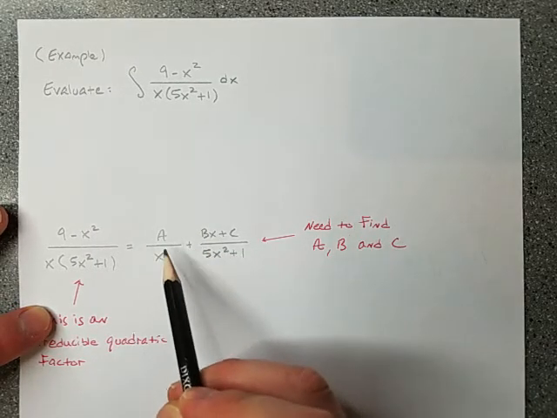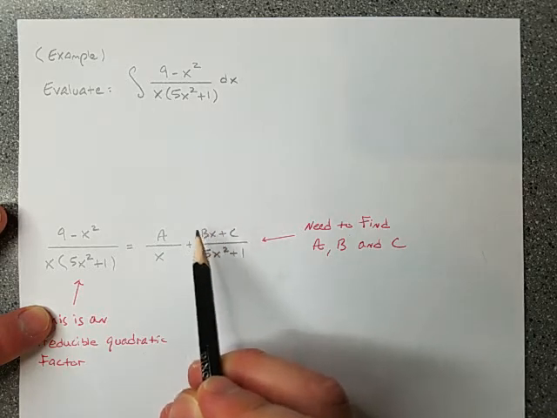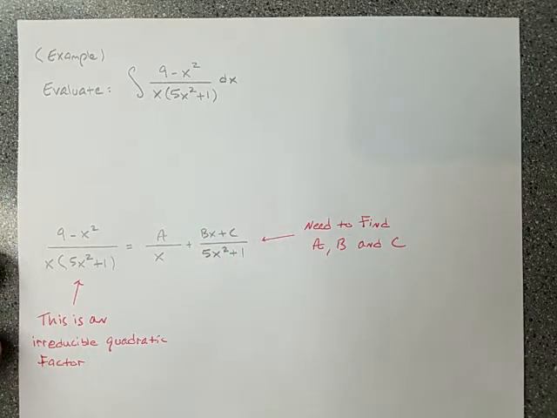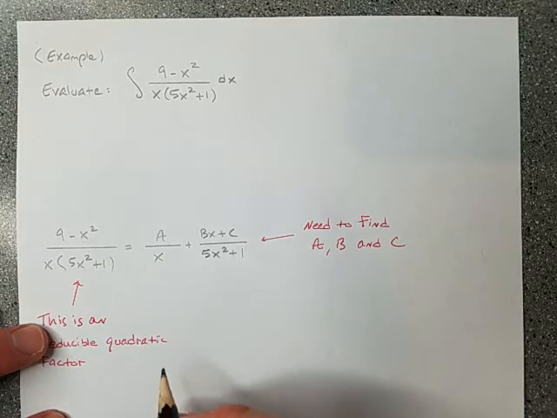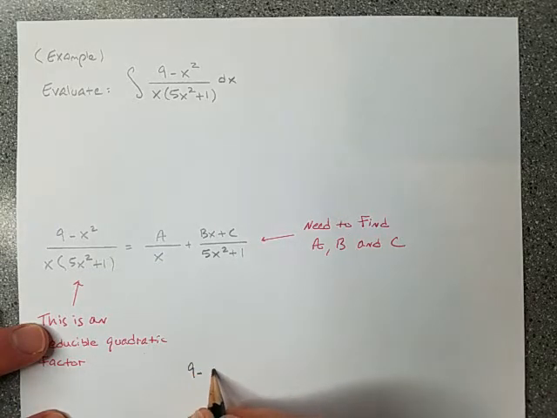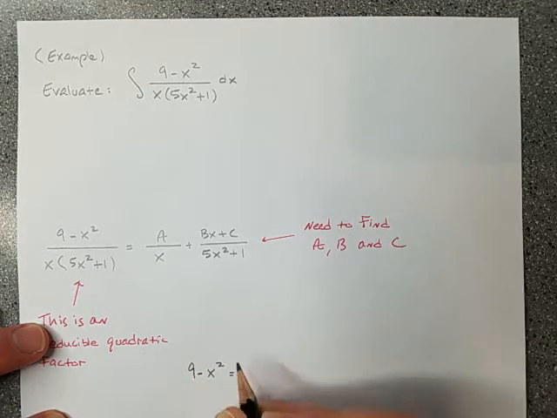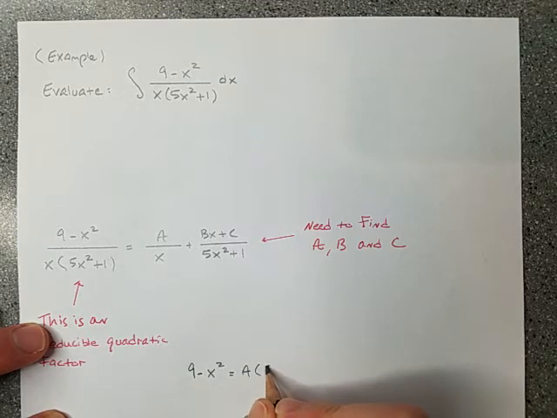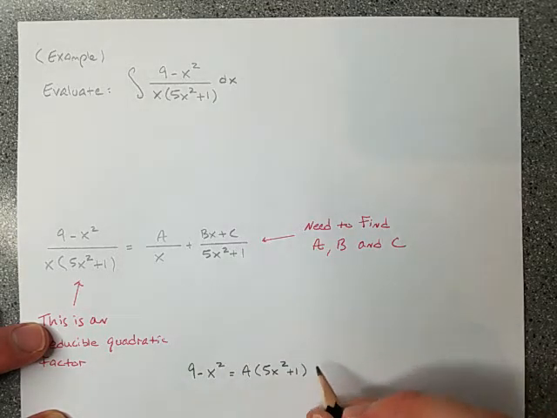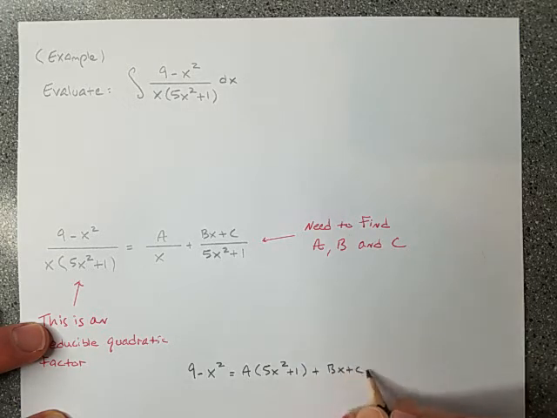I multiply this by 5x squared plus 1, and I multiply this one by x. So here's the way that would work out. I get 9 minus x squared equals a times 5x squared plus 1 plus bx plus c times x.